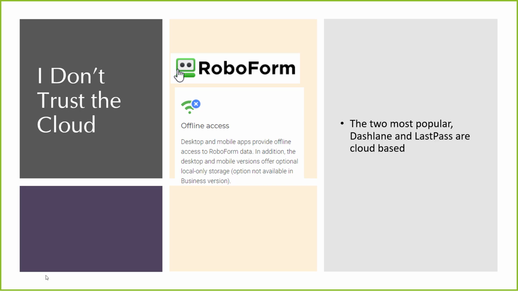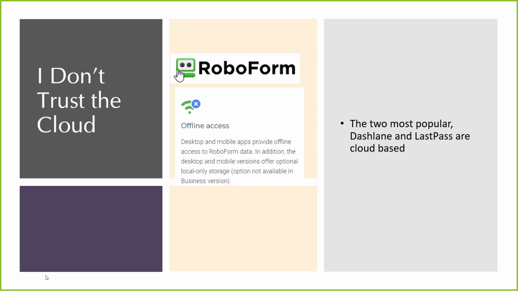A lot of them have options for a local encrypted vault that lives on your computer. Of course, your computer could get hacked, but if you're nervous about the cloud, then you can use a different product. The one I started out using a zillion years ago, which has been around forever, is called RoboForm.